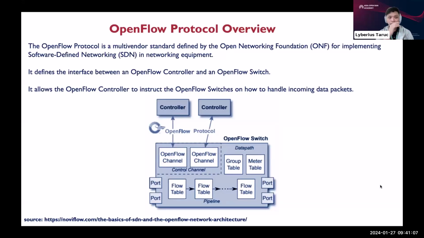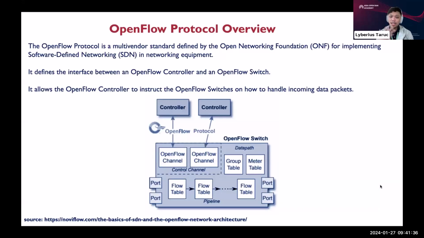It is the protocol, like what I have discussed in the previous part, responsible for the controller communicating to your forwarding switches. It defines the interface between what's called an OpenFlow controller and an OpenFlow switch. So this is the southbound protocol used for communicating on both devices. It allows the OpenFlow controller to instruct the OpenFlow switches on how to handle incoming data packets.